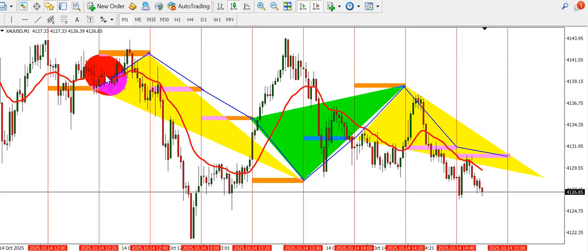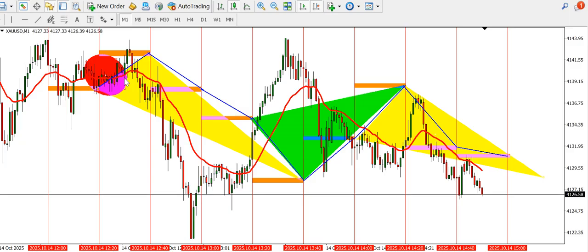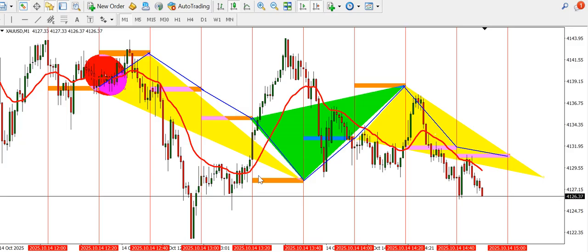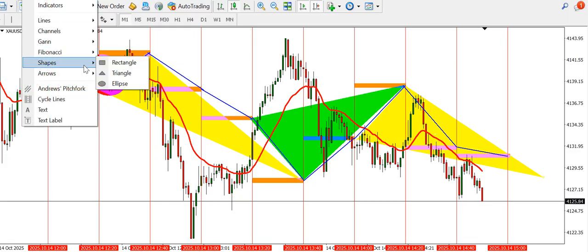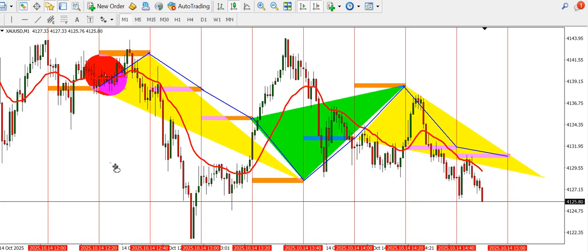So you have a bearish price movement here. And when we have price slide up between support and resistance, just like what we have here.